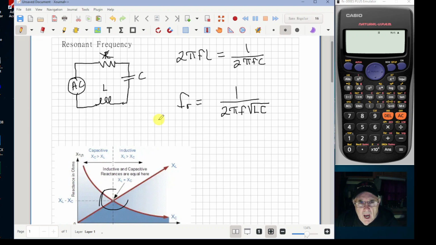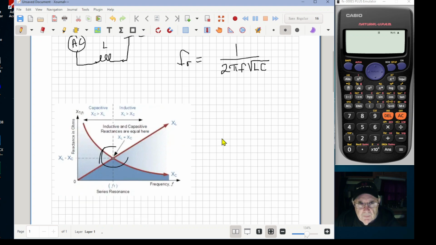Okay, why do we want resonance? We get a maximum transfer, like matching impedance when the impedance is the same. We get a maximum transference of energy. And in terms of an antenna, for example, if I can create a frequency at which my antenna resonates.